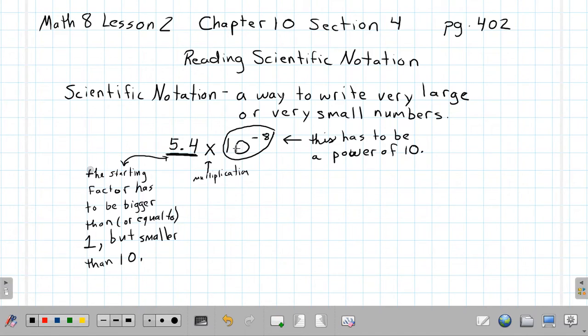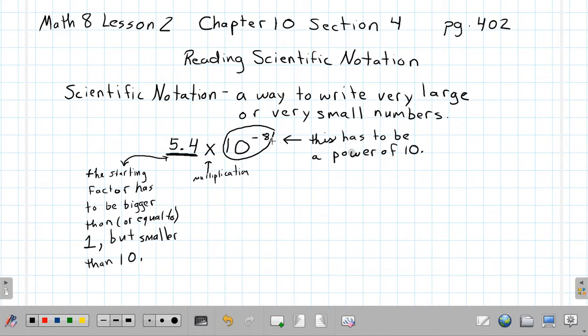It can't be 9, it can't be 12, it can't be any other number. It has to be 10. So when it says this part has to be a power of 10, all we're talking about there is the base of your exponent here has to be 10.